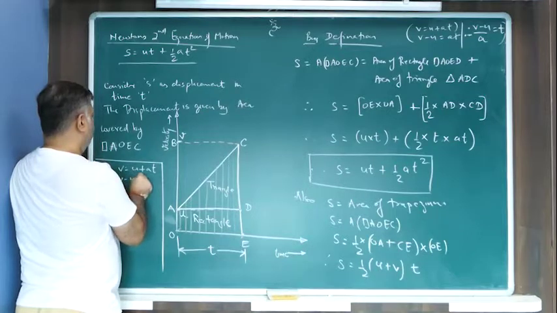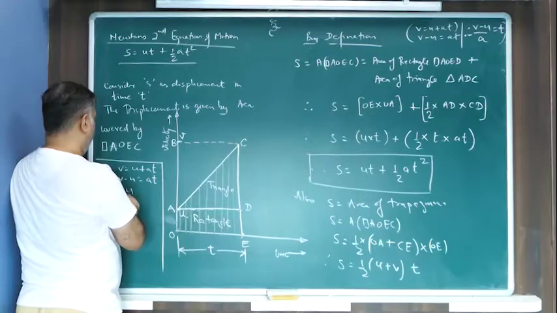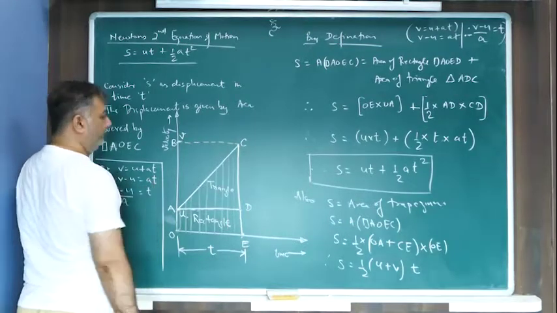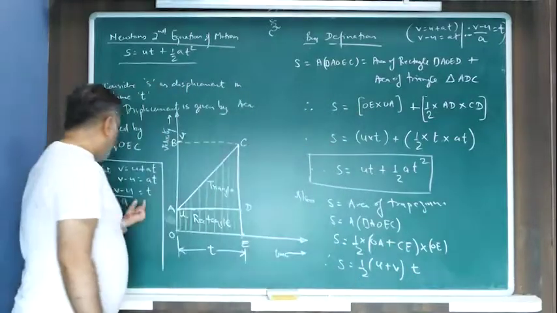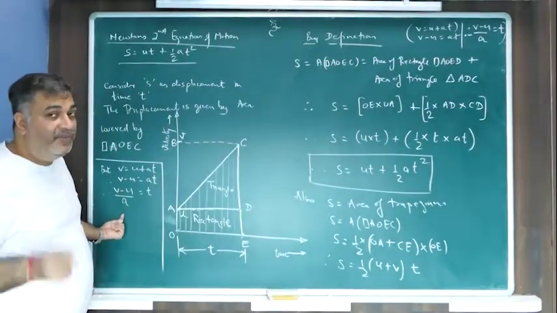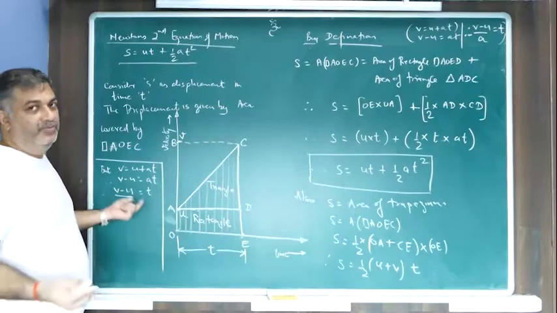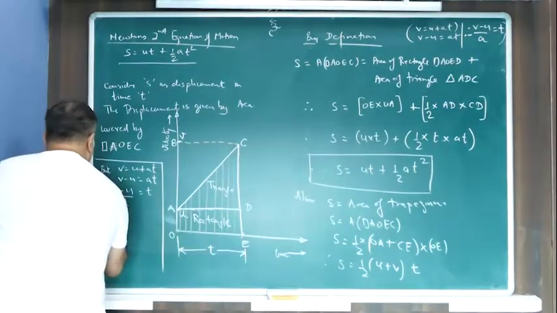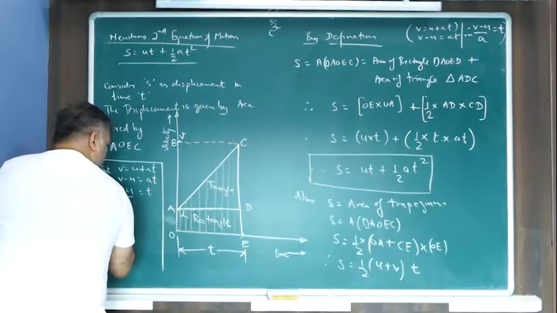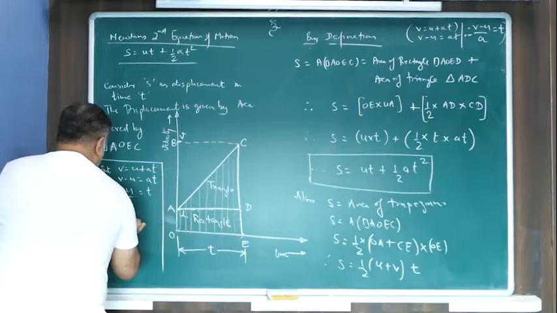Therefore, V minus U is equal to AT. Therefore, V minus U upon A is equal to T. I want T, right? I have T here. So, instead of T now, I will write the value of T. What is that? V minus U upon A. Because V minus U upon A is also T only, right? So, instead of T, now I will say, therefore, S is equal to half U plus V.